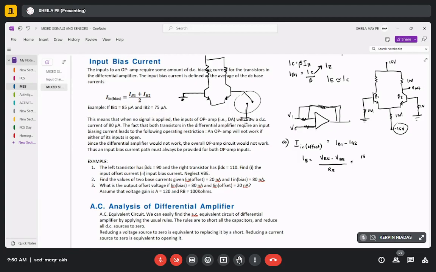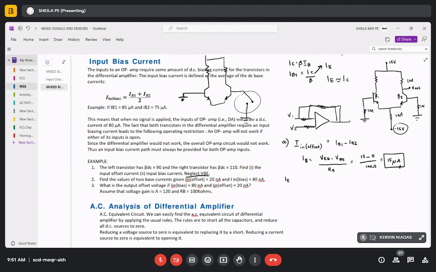Minus VBE, but remember our VBE is to be neglected, that's the condition in number 1. RE is given as 1 million ohms. So this should be 15 microamperes.